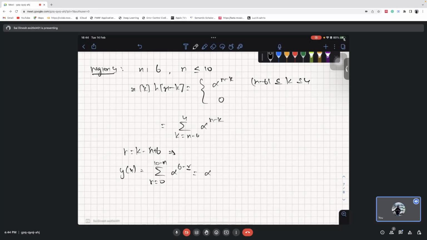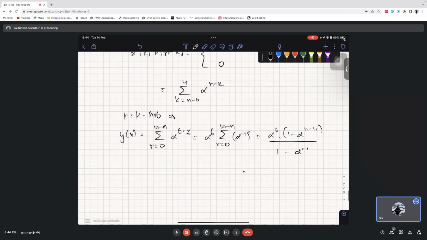r is the dummy variable, so alpha power 6 can be brought out. So alpha power 6 times the sum over r equal to 0 to 10 minus n of alpha inverse power r, which is equal to alpha power 6 times 1 minus alpha power n minus 11 by 1 minus alpha power minus 1, which is alpha power n minus 4 minus alpha power 7 by 1 minus alpha, right?